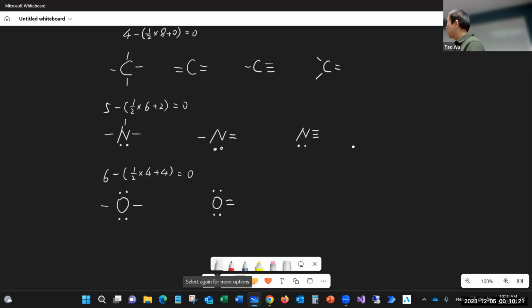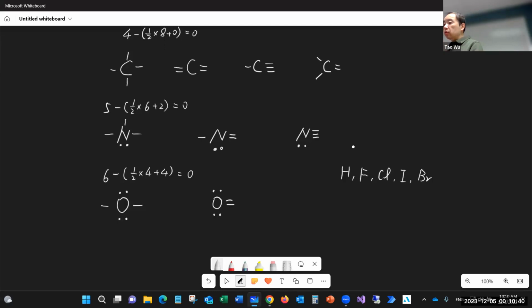And then if you're talking about hydrogen, fluorine, iodine, and bromine, those only need 1 electron. The best way is just a single bond, right?